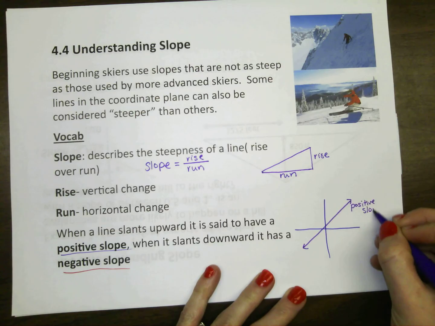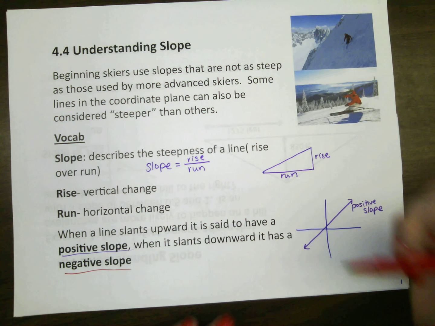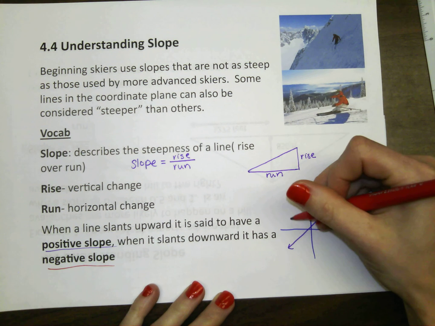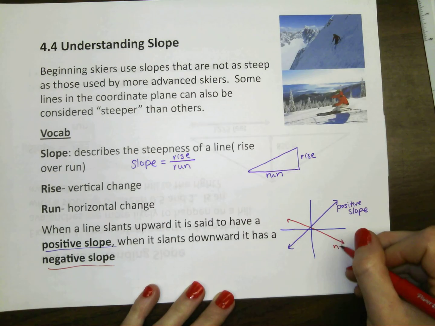Just like when we did scatter plots, if it continues to go up to the right, then it's a positive trend or positive slope. And if we have something like this, that is a negative slope.